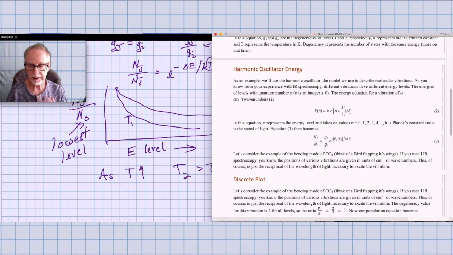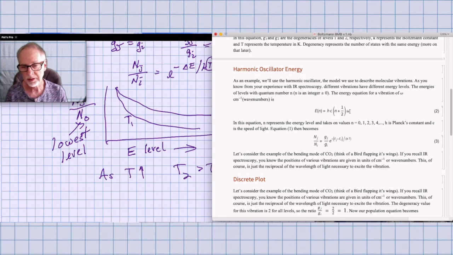Where omega in this equation is the wave number. You're familiar with, of course, when you run an IR spectrum, you actually get the wave numbers on the spectrum, which tells you the position of different kinds of vibrations, like a stretching vibration or a bending vibration or something like that.